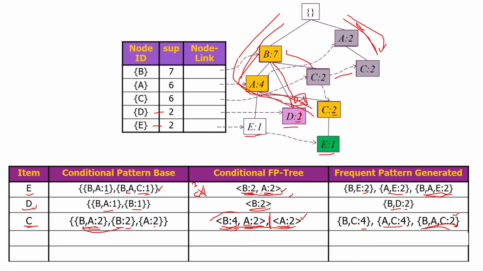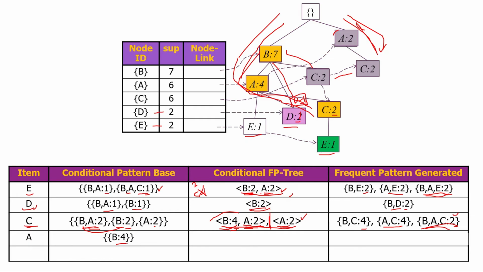So then for the next item set A, we had paths from BA with the 4 and other, this is the first node from the root node, so there is no path from there. That's why we get only B4.